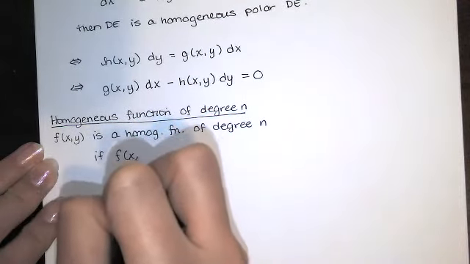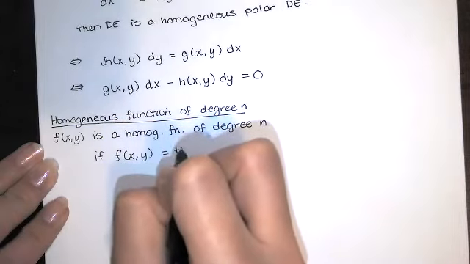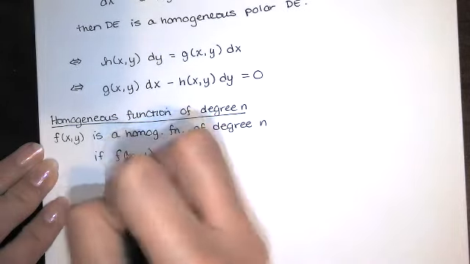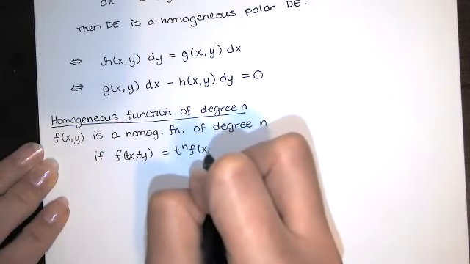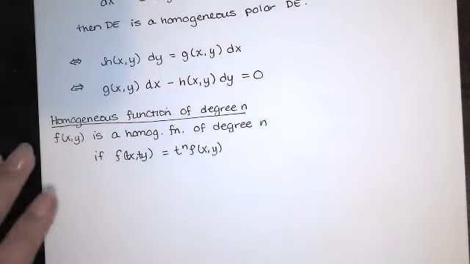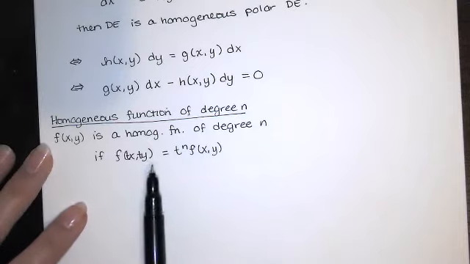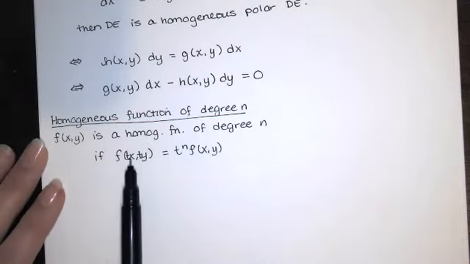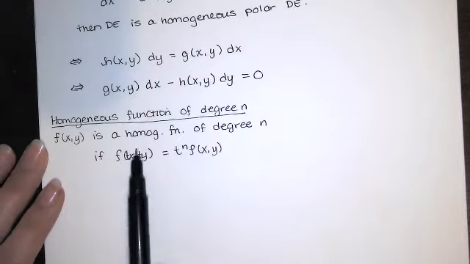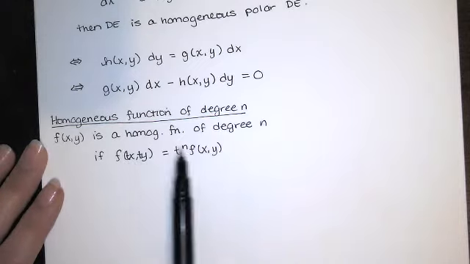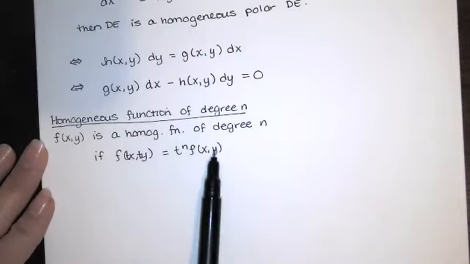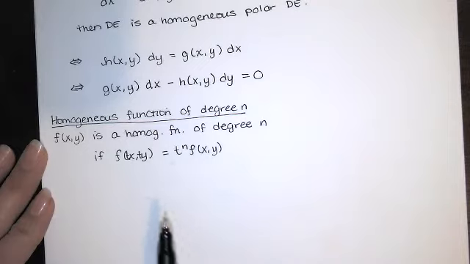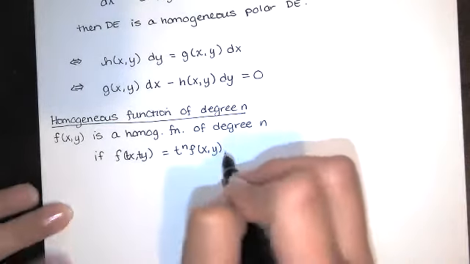If f of tx and ty is t to the n times f of xy. Now this notation looks a little odd, but all it is is substituting tx for x and ty for y. If you make that substitution and you can factor out a power of t from that function, then that function f is a homogeneous function of degree n.